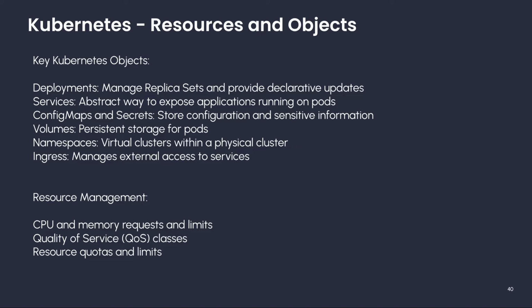Volumes are storage, namespaces are virtual clusters. Config map and secrets are sensitive information. Services are abstracted to expose applications. Deployments, pretty self-explanatory. Resource management apply करायला लागते, CPU and memory request according to limits.